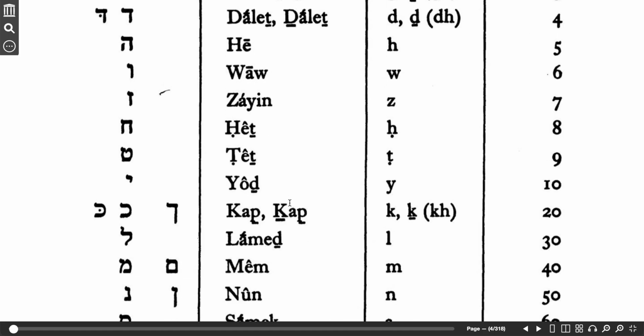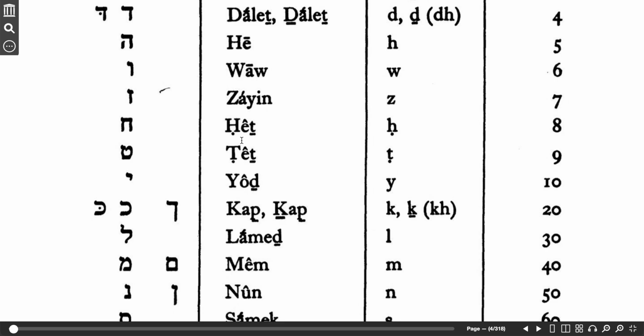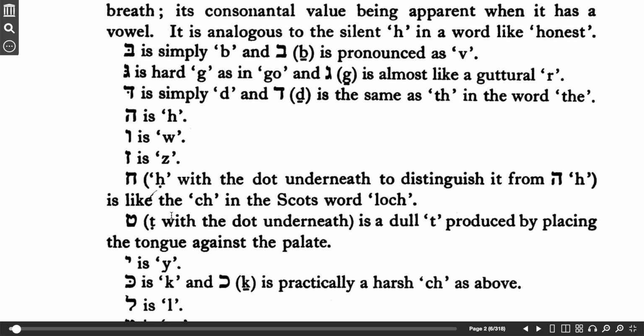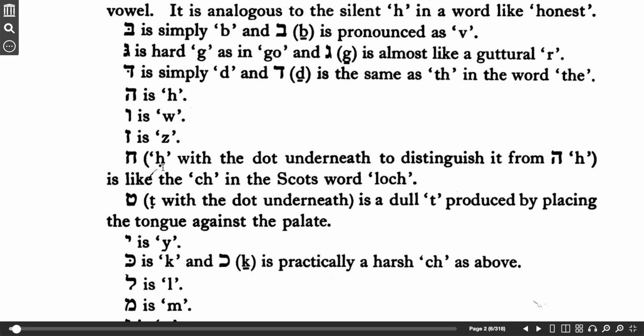So the next letter is Chet. And you see how I'm roughing it there? I've got a little roughing on the initial sound. There's a little bit of a guttural to it. And notice it's still an H sound, but notice what they say: the H with that dot underneath it is to distinguish it from the H without the dot underneath it.